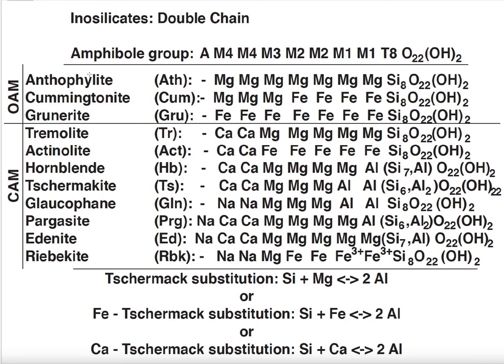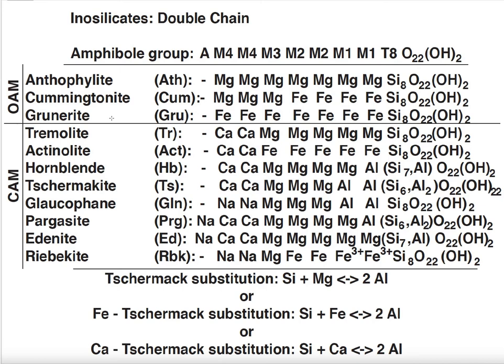So now we are going to the next orthoamphibole, as mentioned. That is the grunerite, and that is then Fe7Si8O22OH2. So then we have the next group, the clinoamphiboles. There we are starting with the tremolite, and we are replacing the magnesium and iron on the M4 places with calcium.